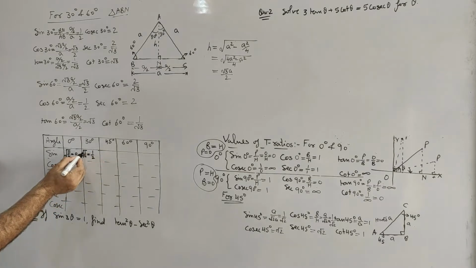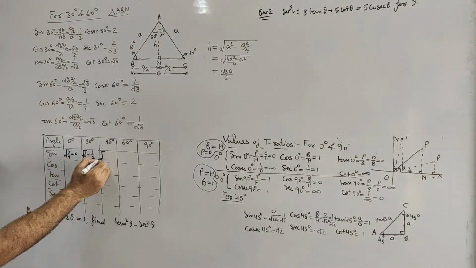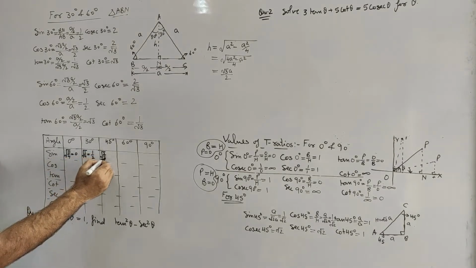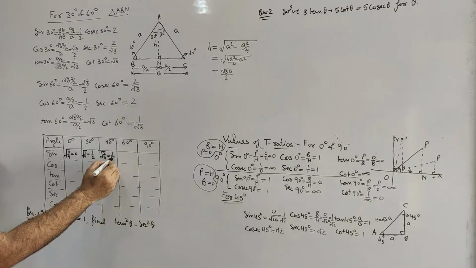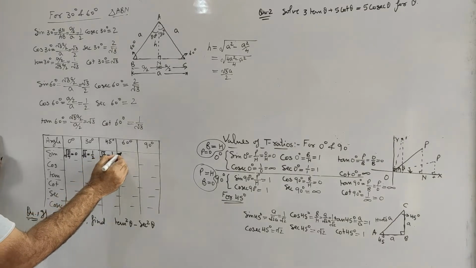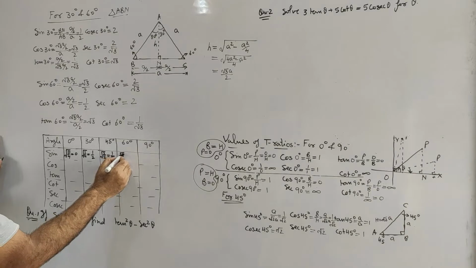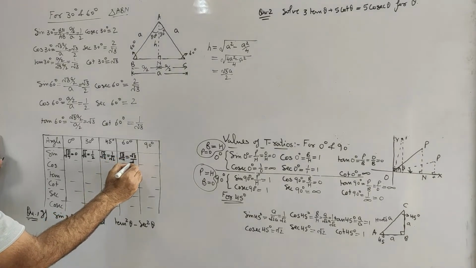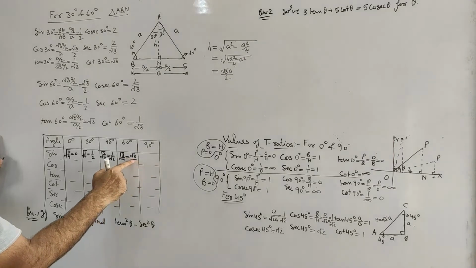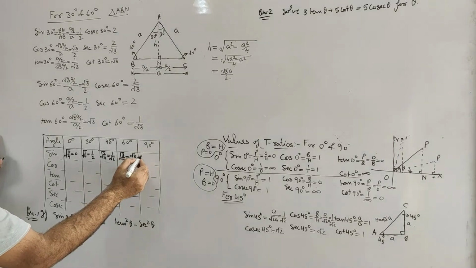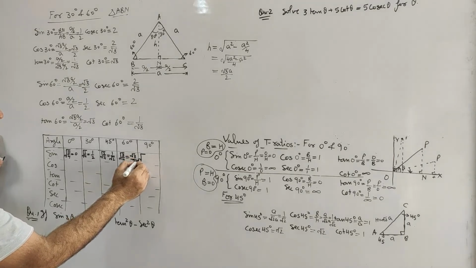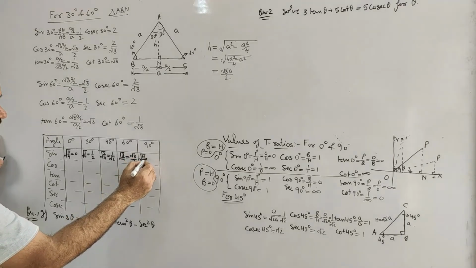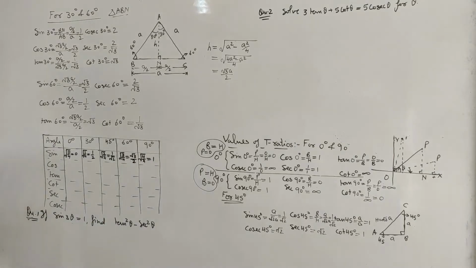Then 45 degree will be root 2 by 4, that is 1 by root 2. 60 degree, root 3 by 4, that is root 3 by 2, and 90 degree, root 4 by 4, that is 1.